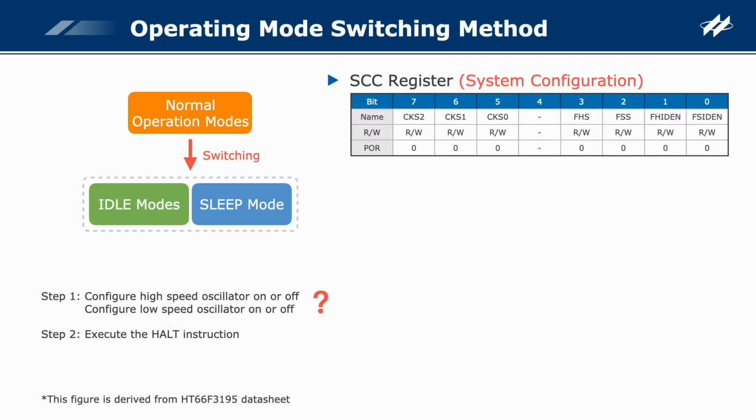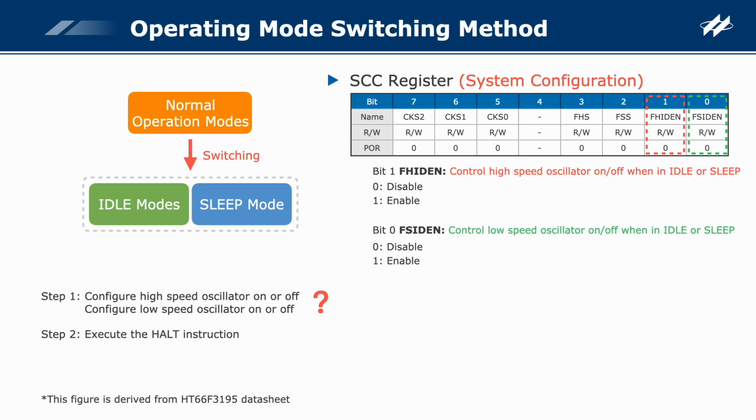Taking the HT66F3195 as an example, we need to first understand the FHIDEN and FSIDEN bits in the SCC register. The FHIDEN bit is used to control the high-speed oscillator on or off after the MCU enters the idle or sleep mode.